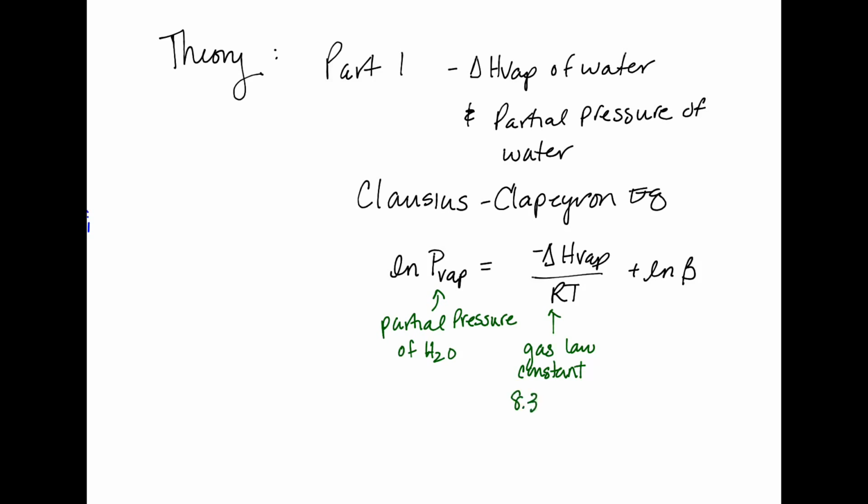It's 8.314 joules per mole K. We also saw that gas law constant when we were doing fusion calculations. This is the temperature in Kelvin. This is the heat of vaporization. Again, we're studying water, so this is going to be of water. And then this is a constant.